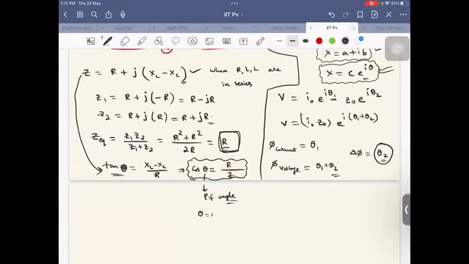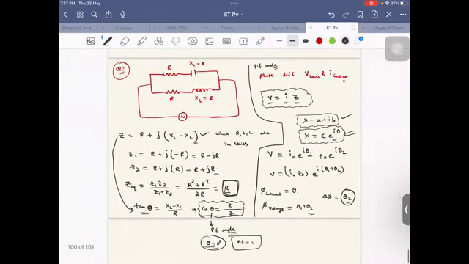So our power factor angle is 0 degrees and power factor equal to 1. So everyone understood this? How to treat these things in the form of complex numbers?